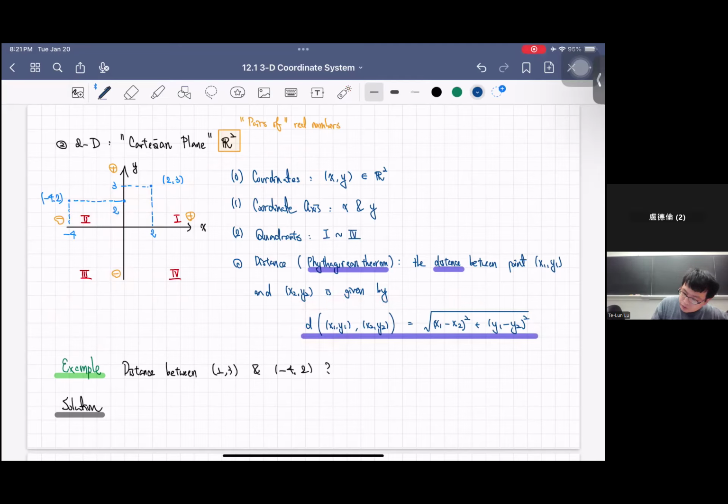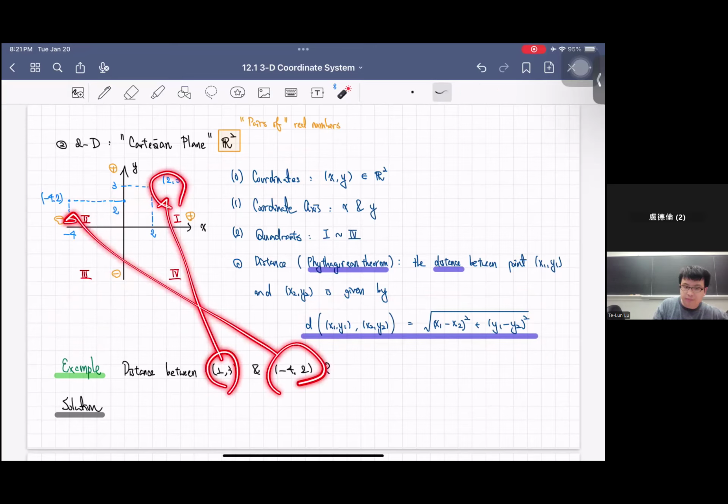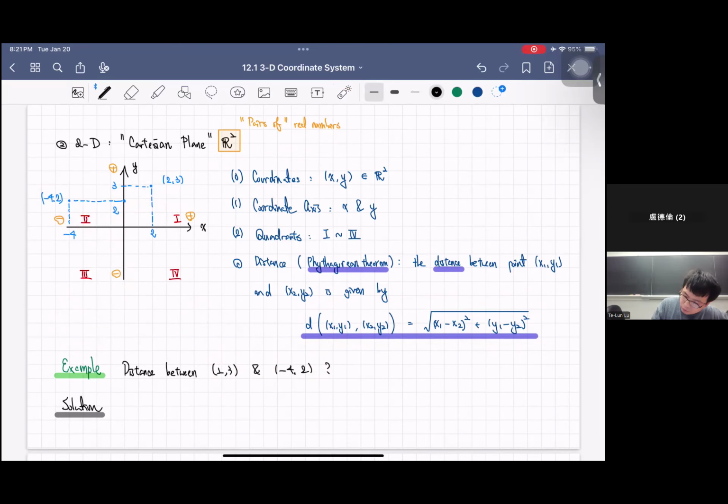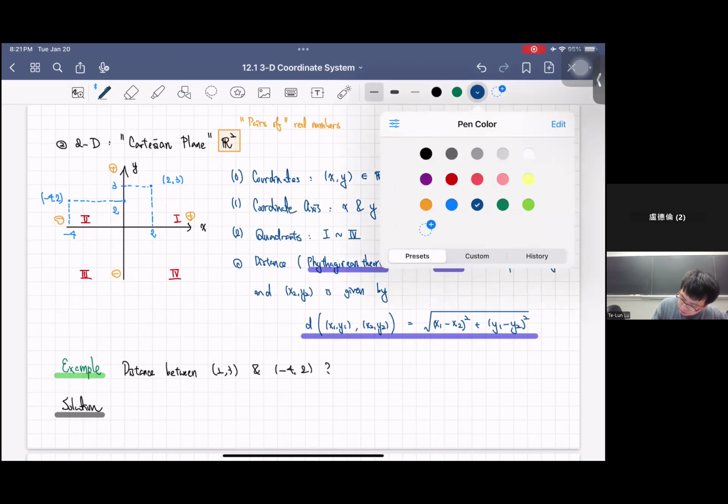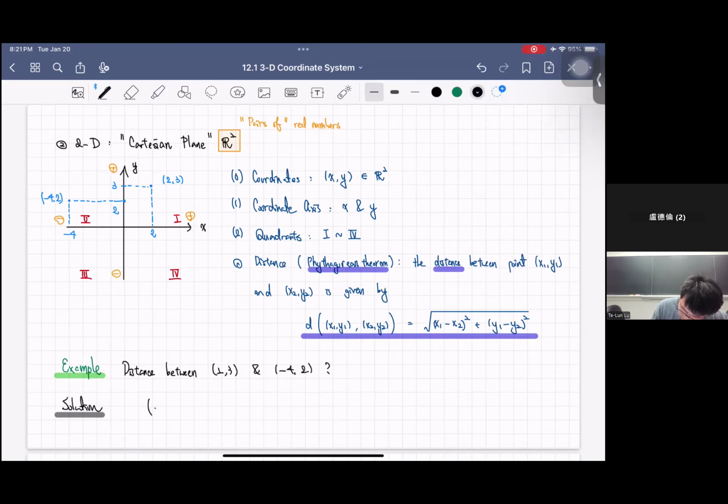So to be precise, for this example, we're calculating the distance between the points (2, 3) and (-4, 2). According to our formula, we will have 2, which is x1, subtract x2. Be careful, it is minus 4, not 4.